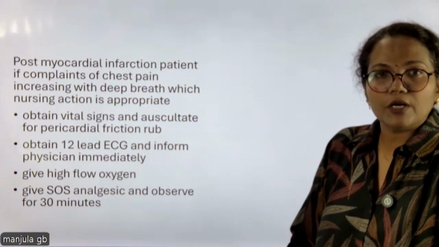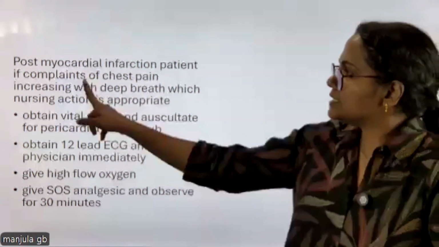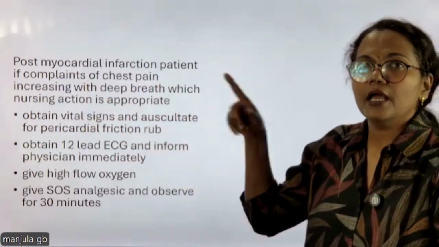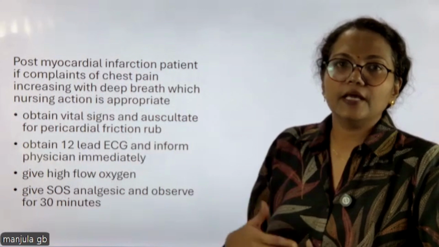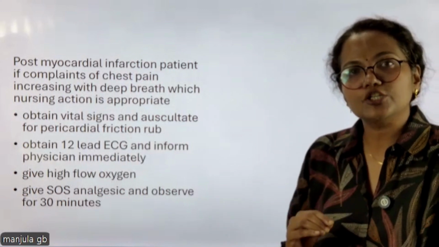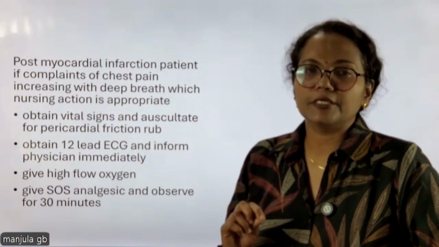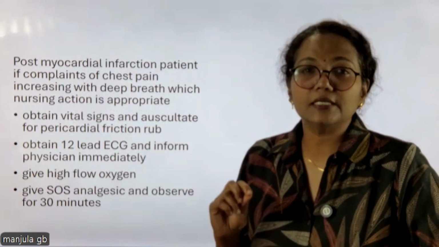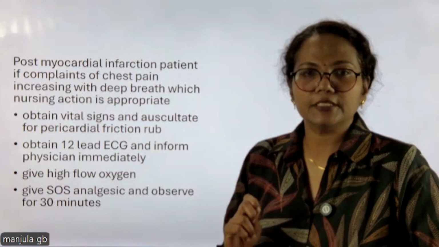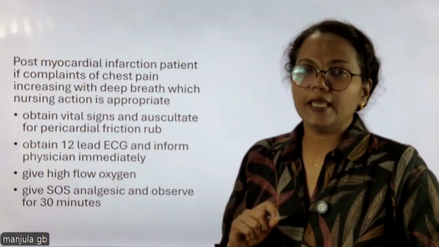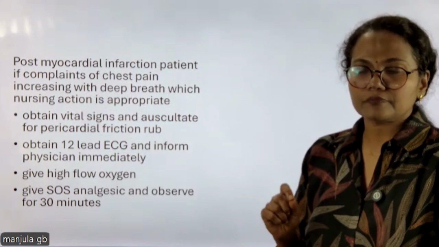So the answer is what? When this patient has chest pain when he takes a deep breath, that is an indication of pericardial inflammation, or we call it Dressler's syndrome, which is a complication that develops after MI.